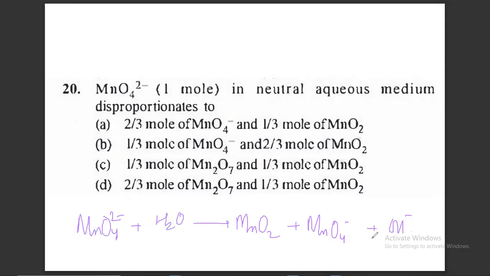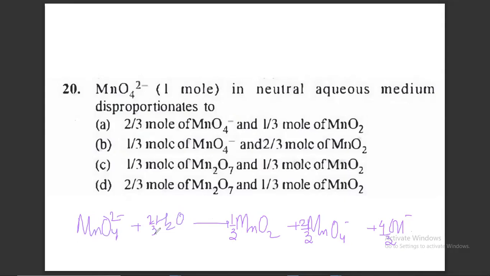So to balance this equation, let us put here 4 by 3, here 2 by 3, and here 1 by 3. Then this becomes 2 by 3.